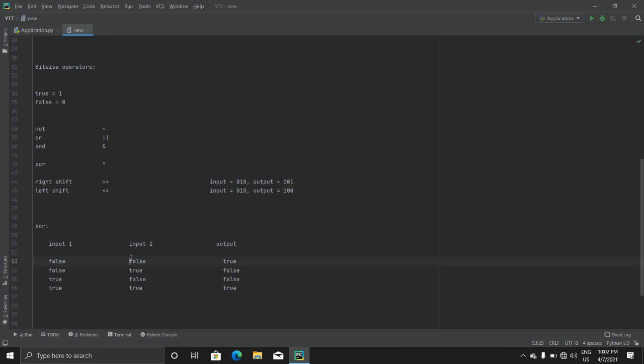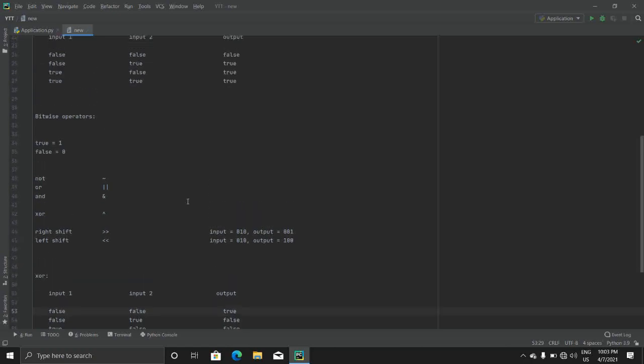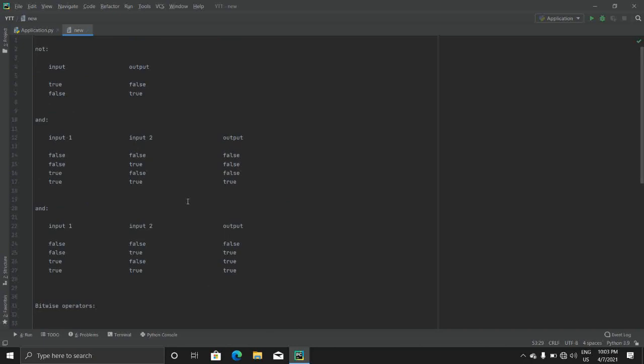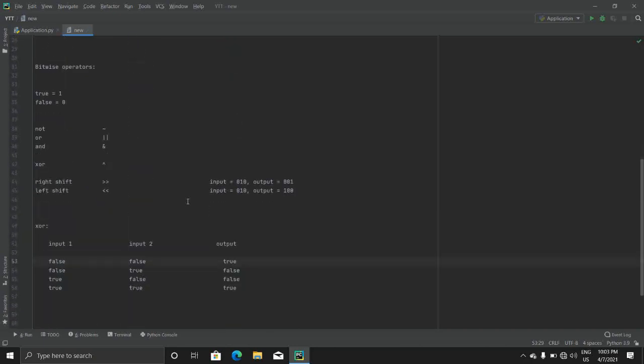That means if we give false for three inputs, we get true, and when we give true for those three inputs, we get true, because all those values are the same. This is how the XOR bitwise operator works, but there is no XOR Boolean operator. We use XOR for bitwise operators only.